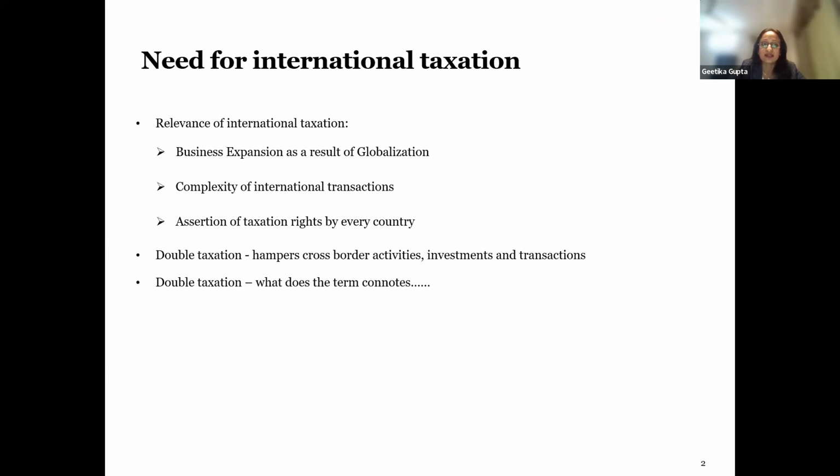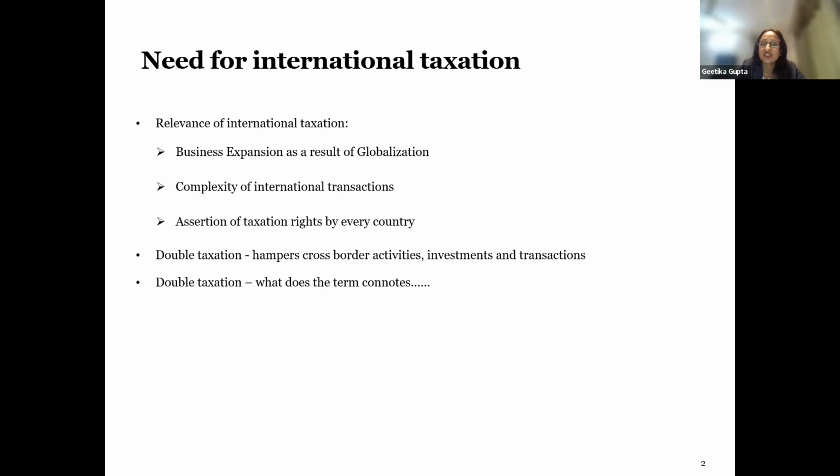Globalization has resulted in a many-fold increase in the volume of international transactions. It's not only about the quantum increase of the international transactions, but the very nature of the international transactions has become very, very complex. Consequently, the tax implications of the international transactions assume great significance.